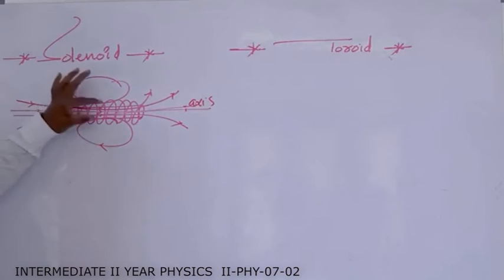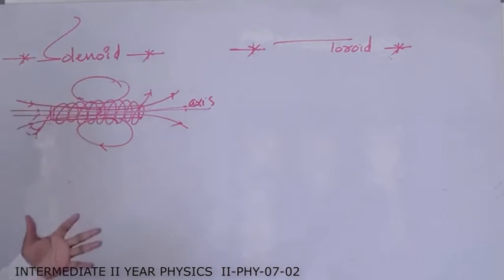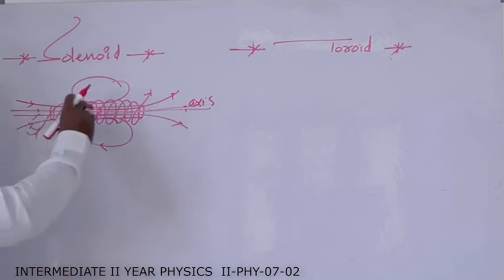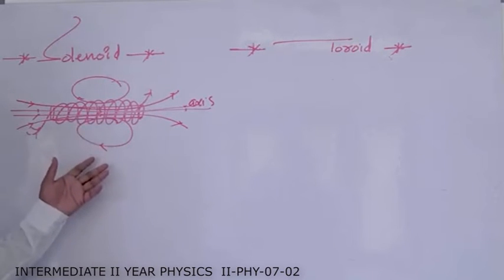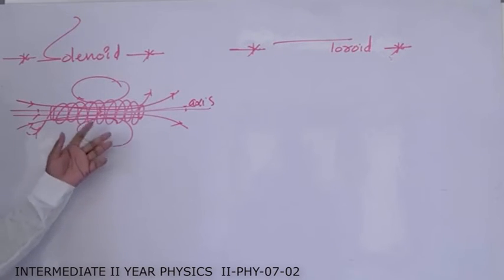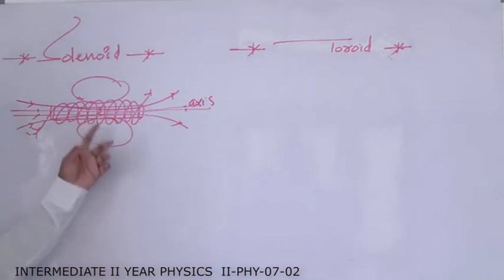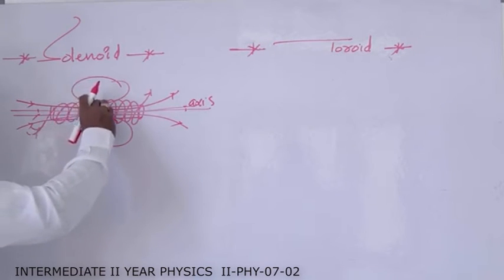Hence, a strong and uniform magnetic field is produced inside the solenoid. And you know that the surrounding circular loops vanish because the direction of the field is opposite to that of the inner field lines. So only because of the field lines in the middle, a strong magnetic field is produced.